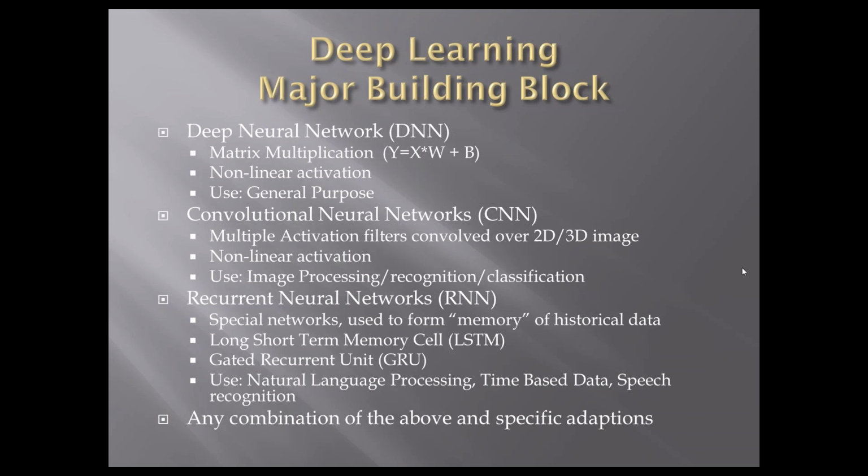This particular building block is used for natural language processing, so essentially translation between languages and understanding the structure of sentences. It's used for time-based data, and it's also used in speech recognition. The other portion here too is that, although I didn't put it in here, there's a nonlinear relationship with these types of structures as well.